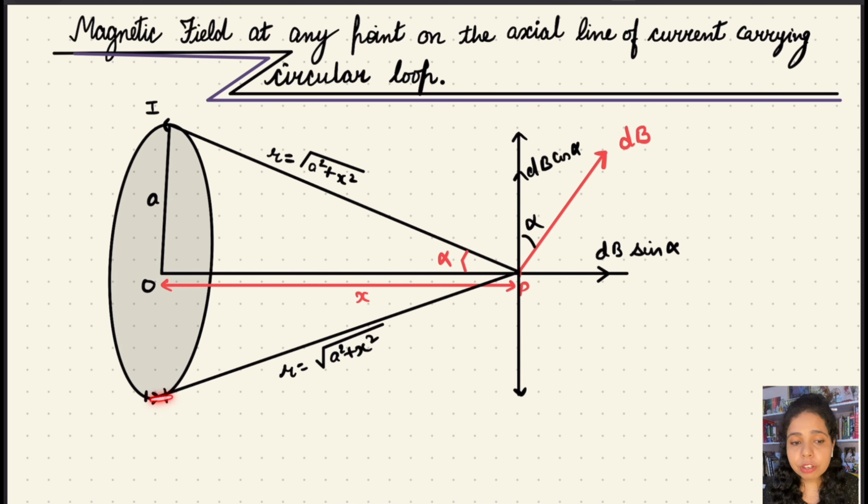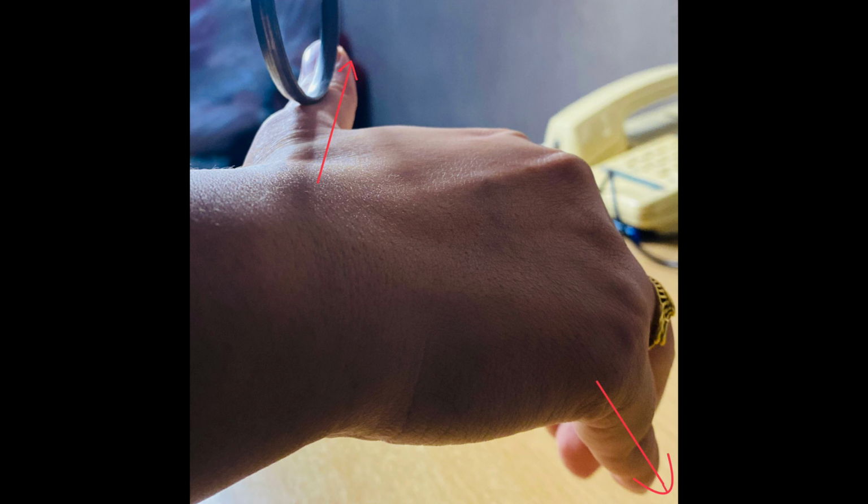Now the direction of current is opposite to what it was in the previous case. So again applying the right hand curl rule, if we place the thumb in the direction of flow of current and curl our fingers, the direction of dB is in this direction, as again shown in the figure.